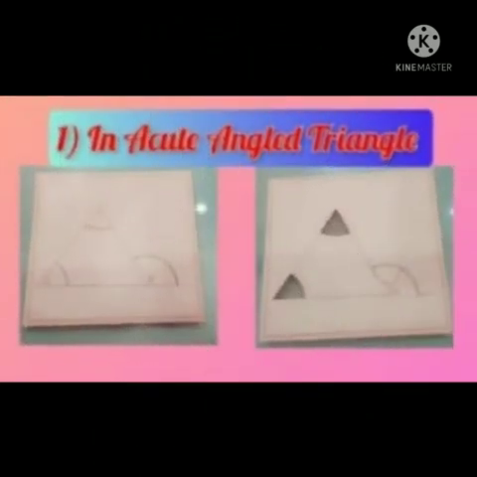So, first in an acute angle triangle. First of all, make an acute angle triangle and mark the sector on the right side of the triangle, and mark it as third or C. And in the interior of the acute angle triangle, mark 1 and 2 at the sectors. And in the second part you have to cut out sectors 1 and 2.